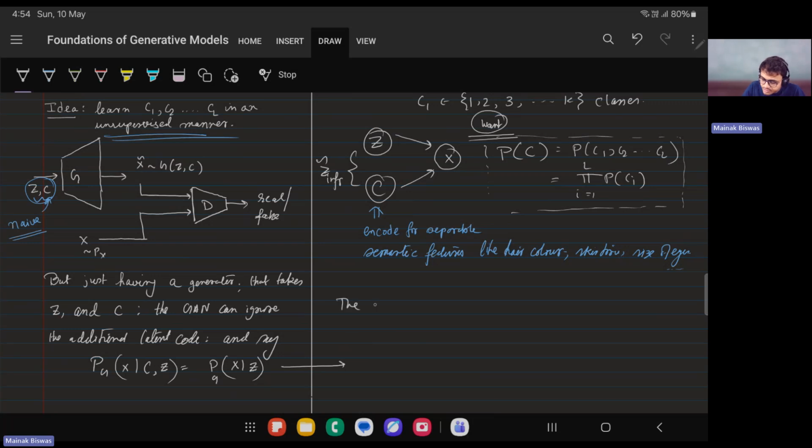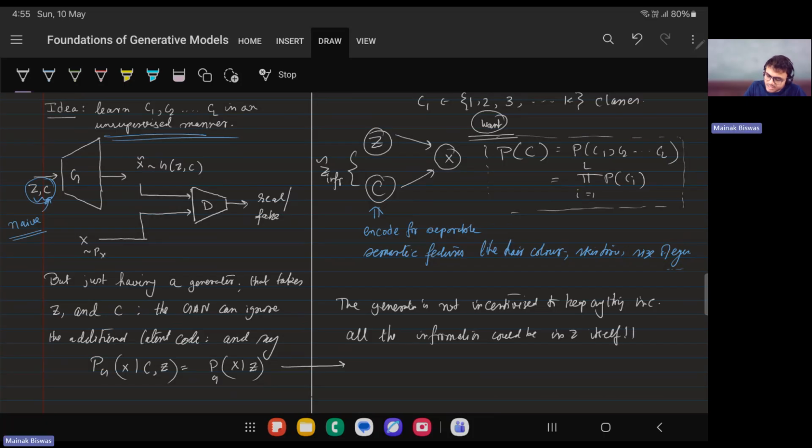The generator is not incentivized to keep anything in C. All the information could be in Z itself. That's the idea.